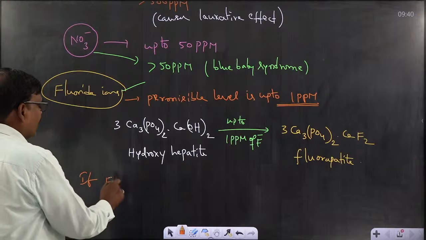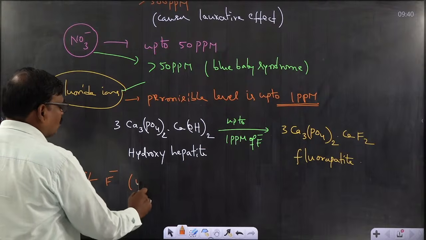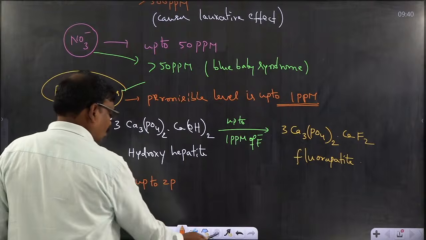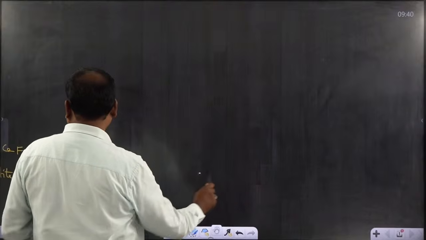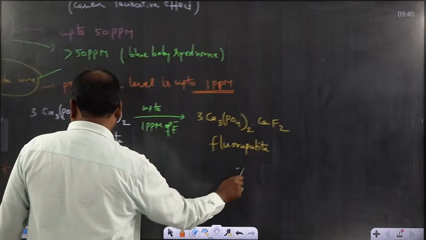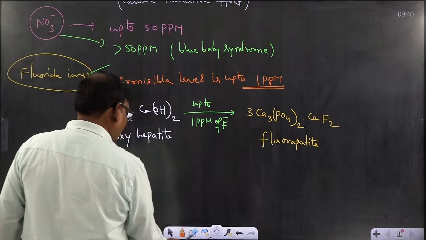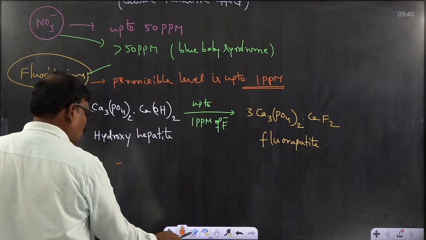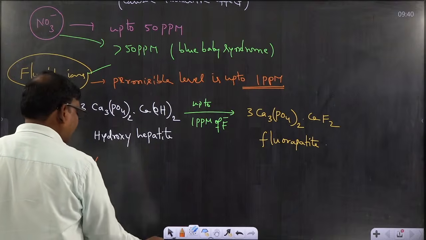If fluoride's level in water is more than 1 ppm, that is, when it reaches up to 2 ppm, what happens?